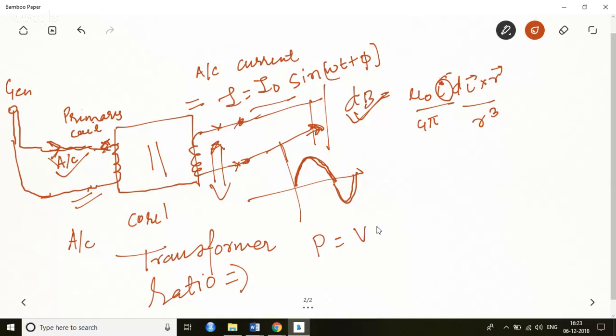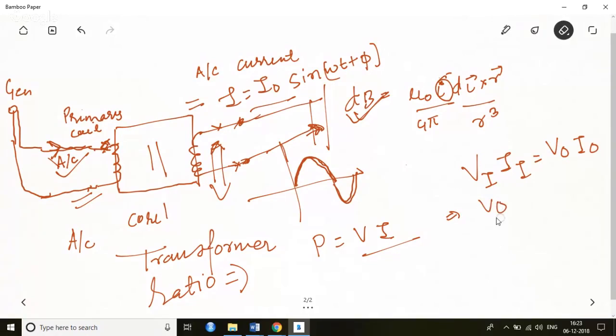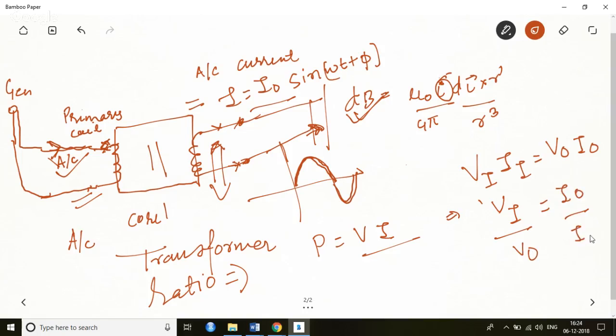Power is V into I. So on this side, the input voltage and current I write as ViIi, and the output voltage and current as VoIo. Let me write it like this: Vi by Vo is equal to Io by Ii.